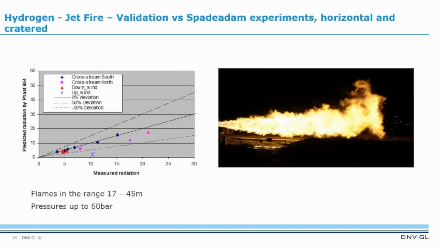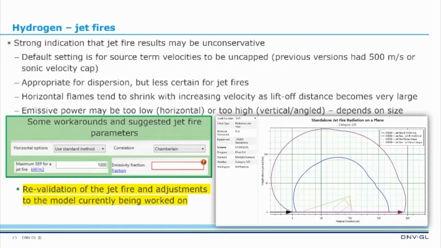And we get good validation with Phast, and this is where I have to give some advice about some limitations of the current jet fire modelling in Phast, and hopefully give you some practical advice on how to adjust for that.